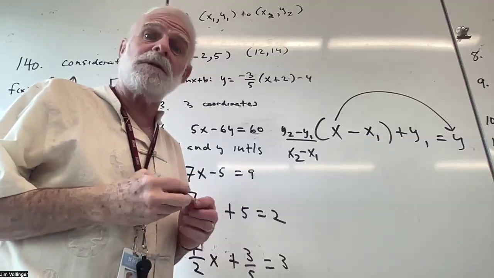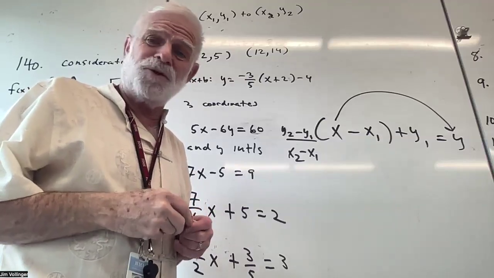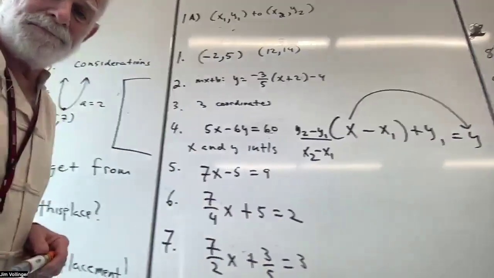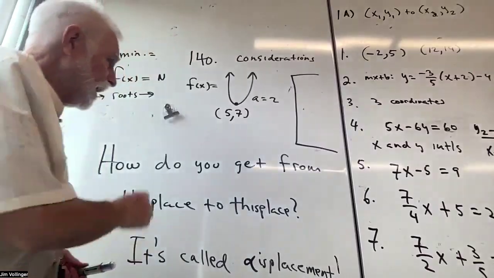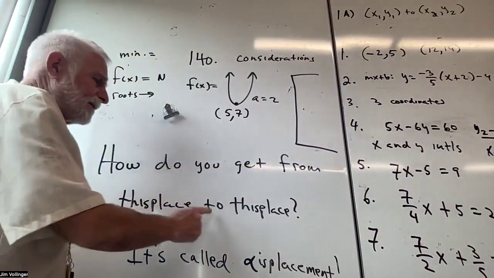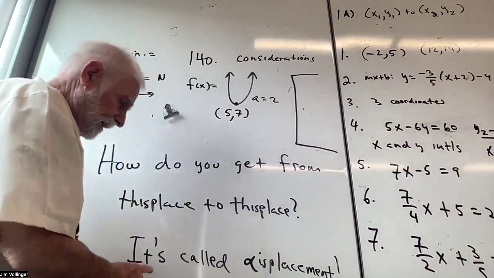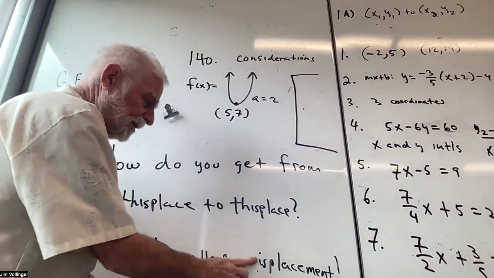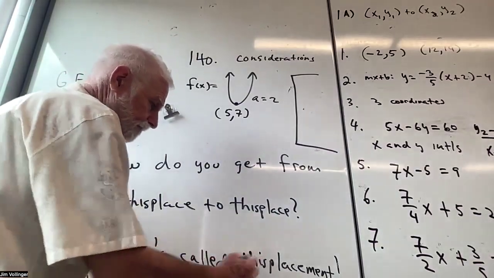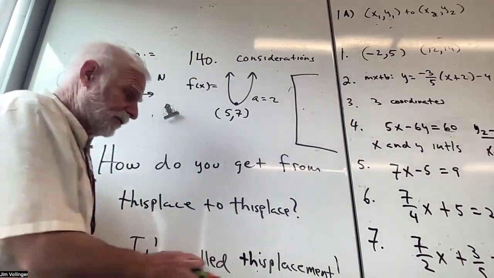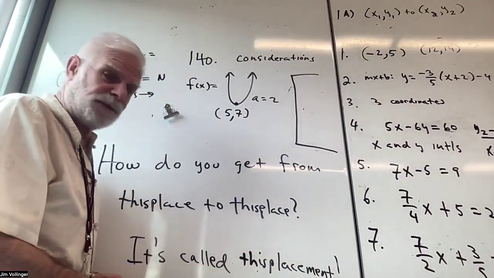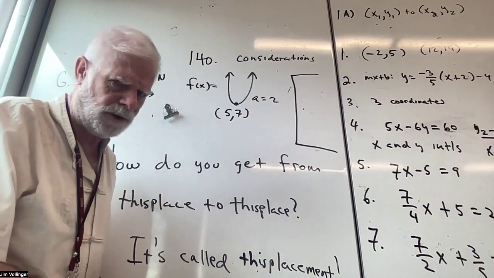If you really were being mindful, I didn't do y2 minus y1. No, I didn't. It's not what I said. So how do you get from this place to this place? And it's called displacement. Except mathematicians had trouble spelling displacement like that, because that's correct spelling, by the way.